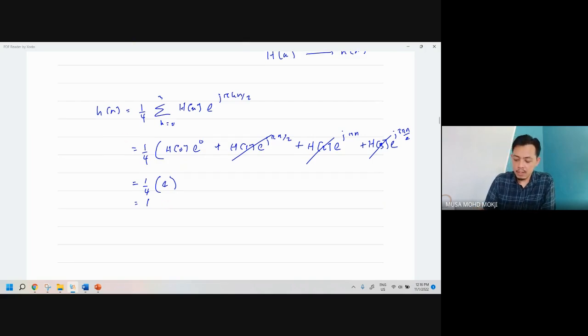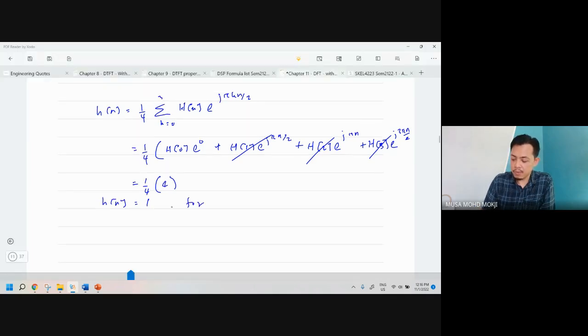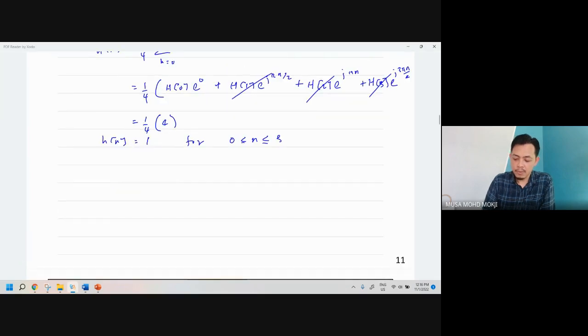So that is actually Hn. Generally, Hn equals 1, for n from 0 up to 3. H0 will be 1, H1 will be 1, H2 will be 1, H3 will be 1.